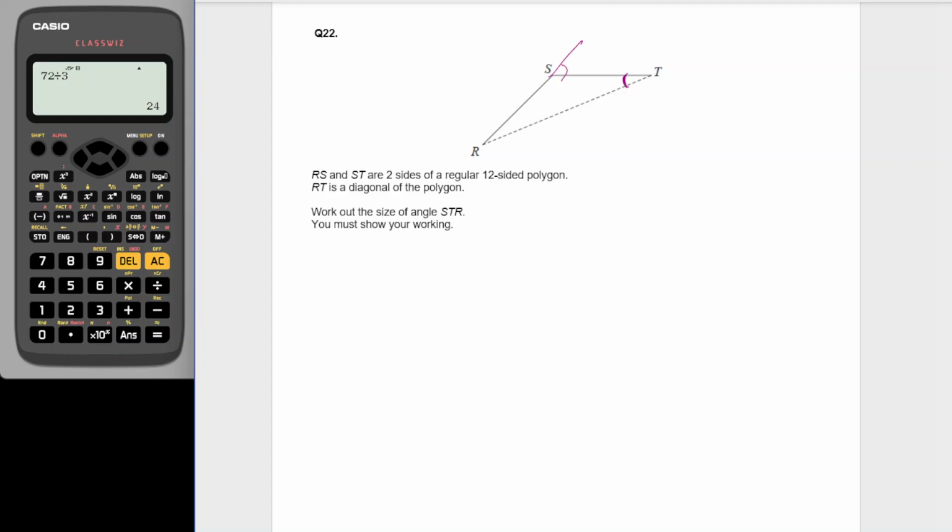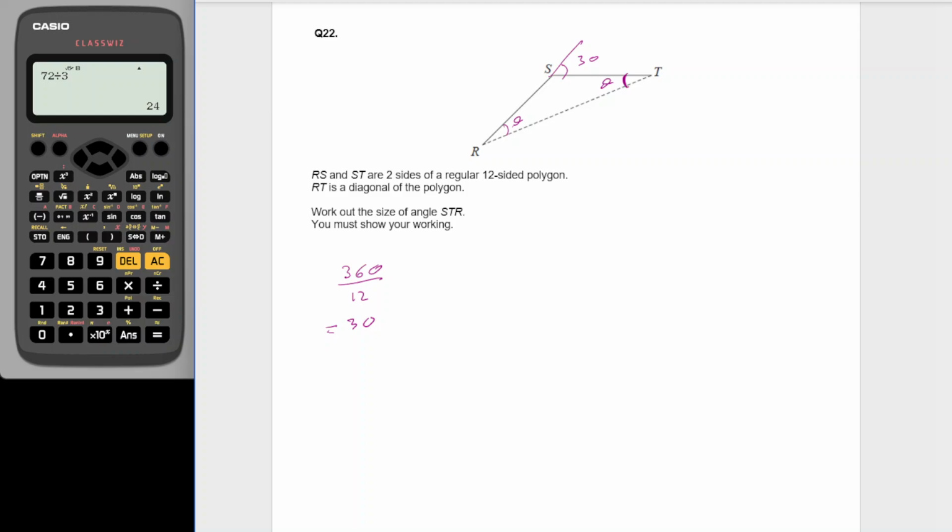So we're going to say the exterior angle of a 12-sided polygon is going to be equal to 360 divided by 12, so that's going to be 30 degrees, which means in effect that these two would form an isosceles triangle, and they're going to be equal.